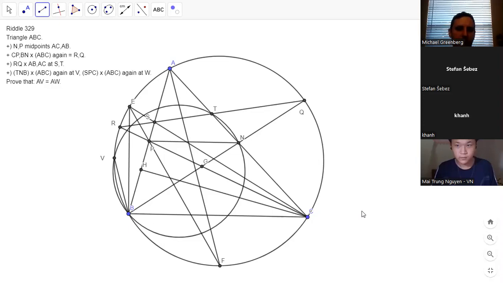So yeah, I don't know if we really even need point F. We want to show that angle SEP.